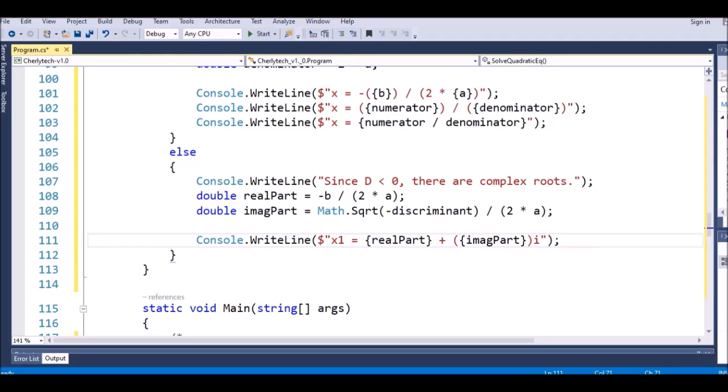And similarly, I just copy this one for the root number 2.